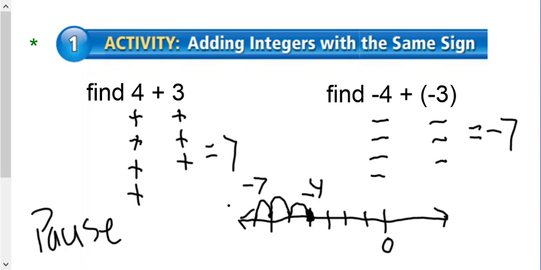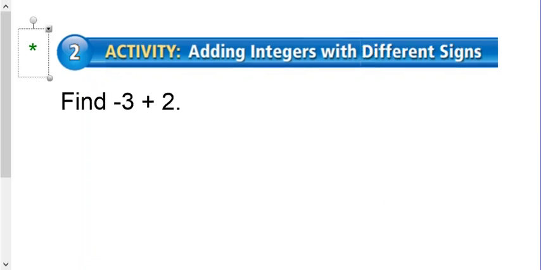So these are adding integers with the same sign. Let's look at adding integers with different signs. We have negative 3 plus 2. Okay, so if we use the same process that we used on the last slide, we can use negative and positive and combine them. Okay, so let's think of these as soldiers.